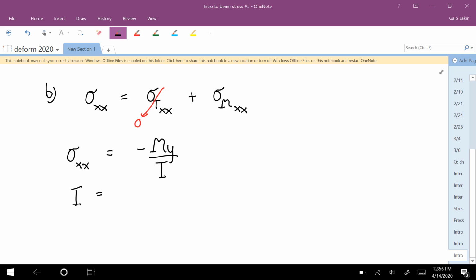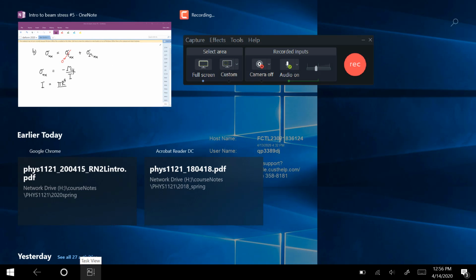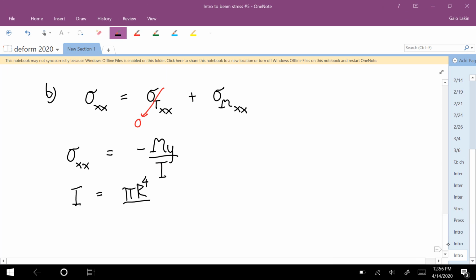So our I value is pi r to the fourth over, what is that? Okay, I had to look that one up. I always get this confused with the polar moment of inertia, which we're going to talk about soon for a circle, but this is a 4.